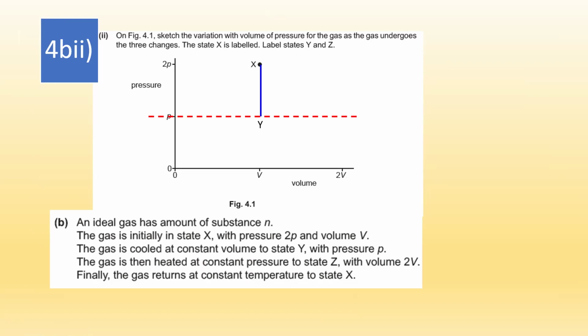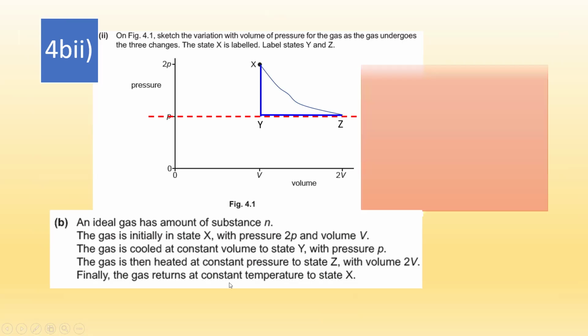That's your Y. Then the gas is heated at constant pressure to a state Z and volume 2V. That's why it is 2V. Finally, the gas returns at constant temperature. So it's a curve. I can put an arrow if you want to. That's the marking scheme.